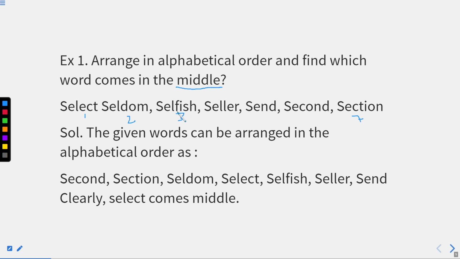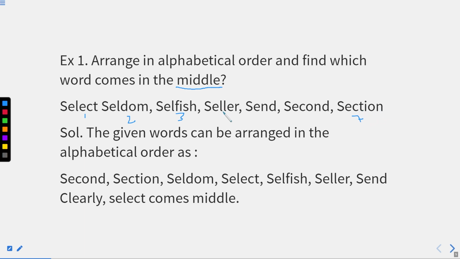Right? So starting with the solution, the approach that you all have to follow for these kinds of questions is to check the first letter of each and every word. Here we can see that every word has its first letter as S and the second letter as E. When it comes to the third letter, we see in words number 1, 2, 3, 4 that the letter we have is L, and in the fifth one we have N, and then we have O, and then we have T as the fourth word, right?